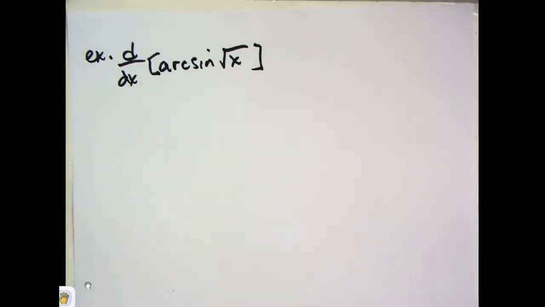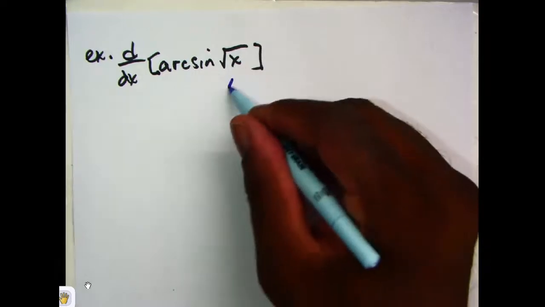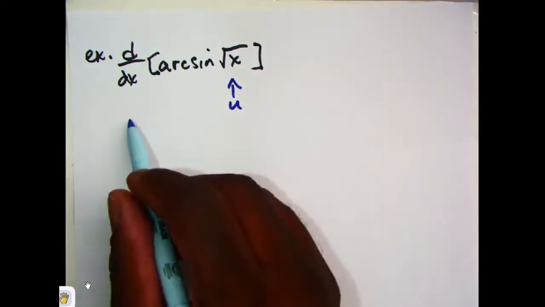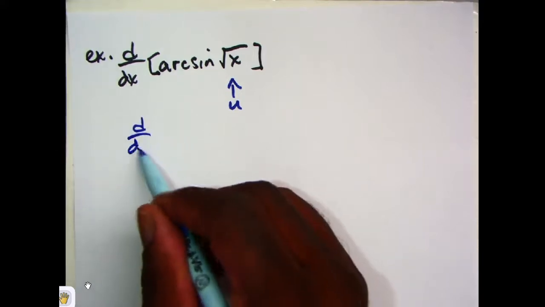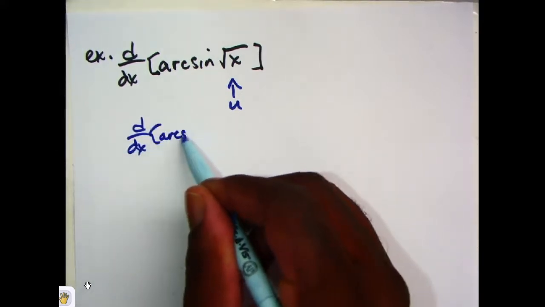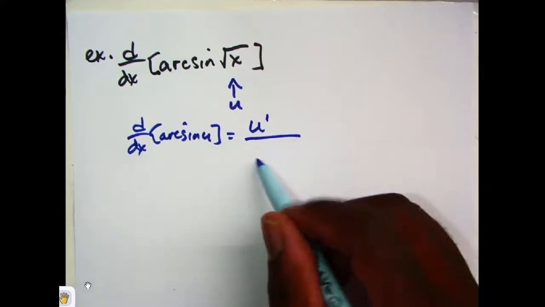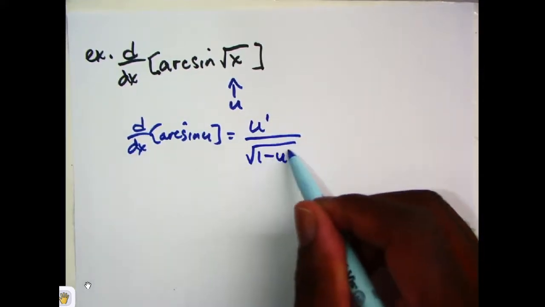Okay. So the square root of x is our u, and the derivative of arcsine of u is u prime divided by the square root of 1 minus u squared. So again, the derivative of arcsine of u is u prime divided by the square root of 1 minus u squared.